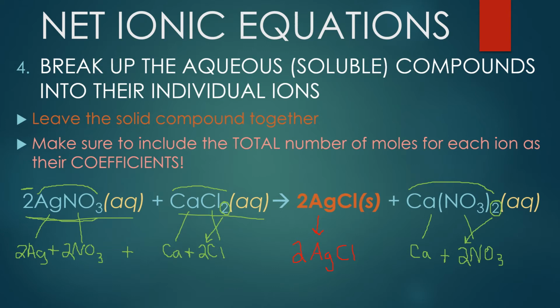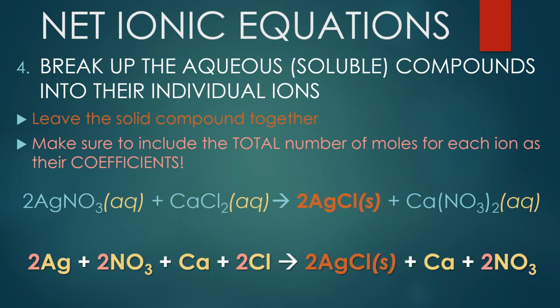And we'll write a plus in between here. And then here's where the yield arrow goes. Okay, so now this is our new ionic equation. It's not our net ionic equation yet, but it is our ionic equation because these are all separated out into their individual ions if they are soluble or aqueous. And here it is written out all pretty.